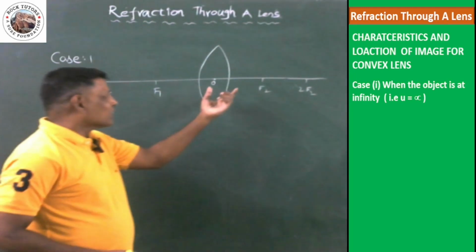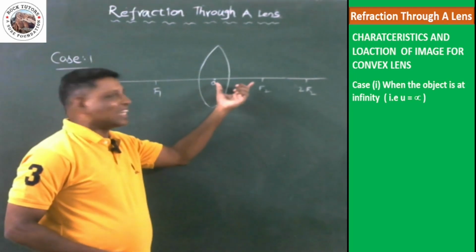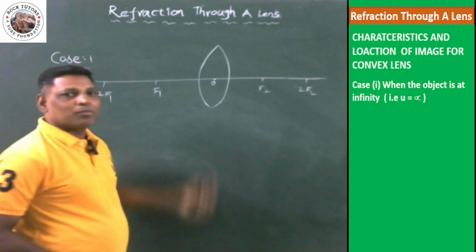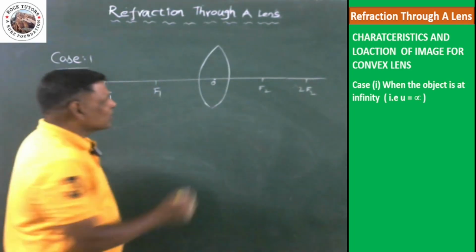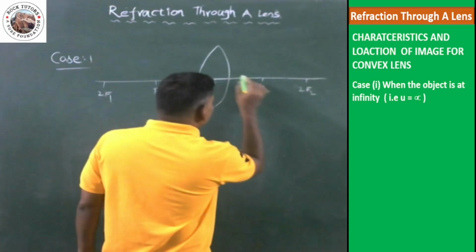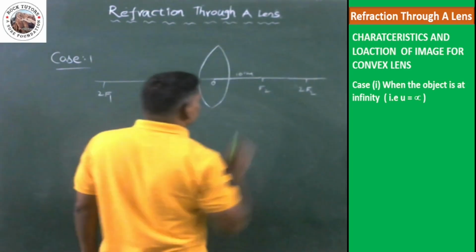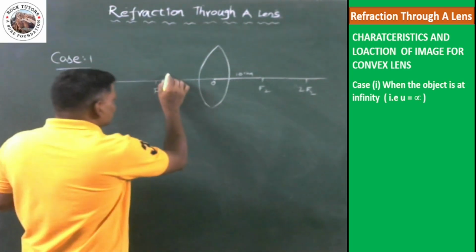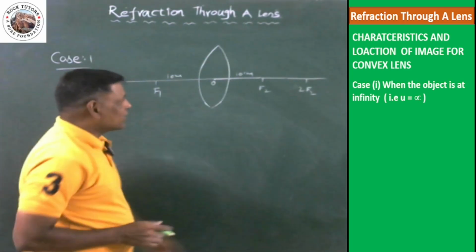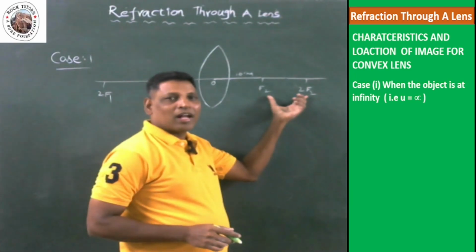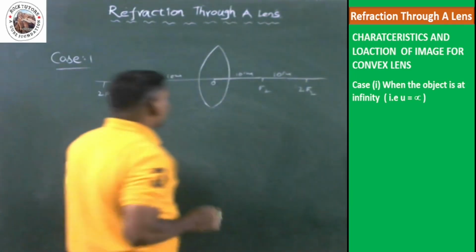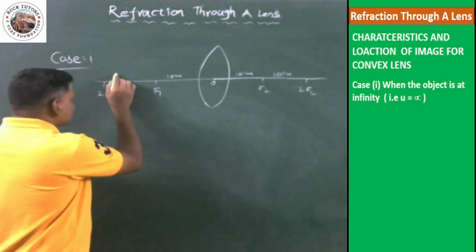The distance between optic center and F2, and optic center and F1, are equal. Suppose from here to here is 10 centimeters, then O to F1 is also 10 centimeters, and here F2 also the same distance, 10 centimeters, and here also 10 centimeters.